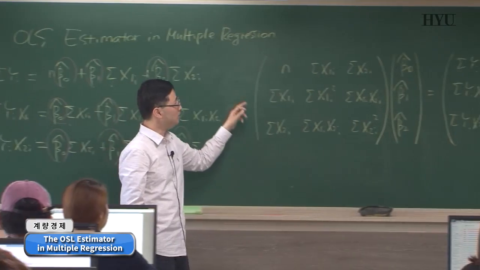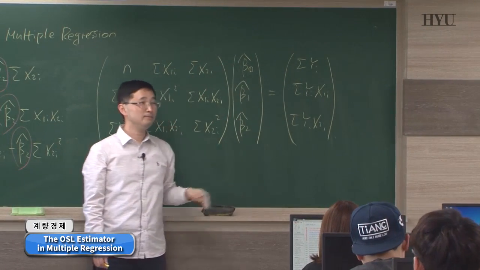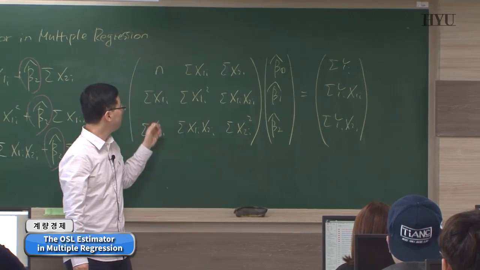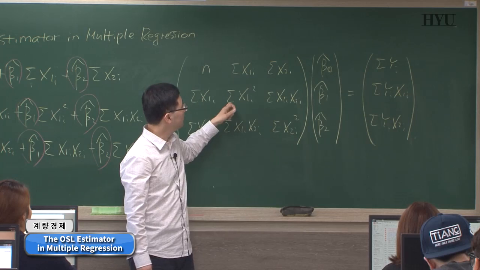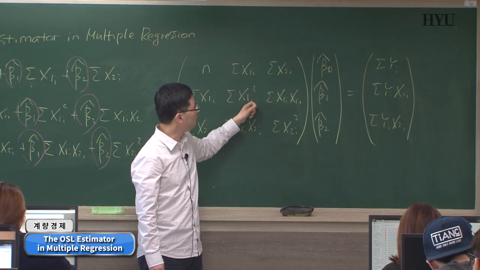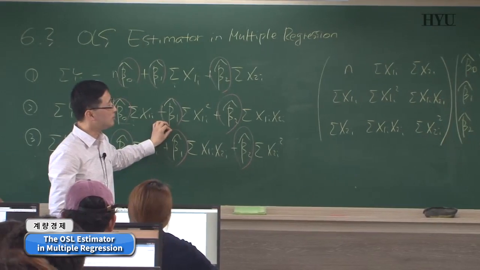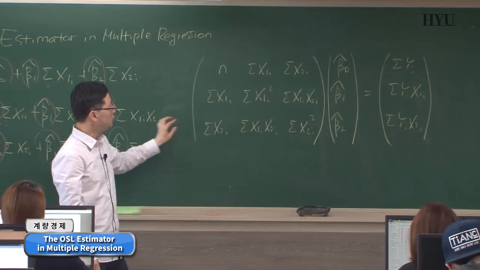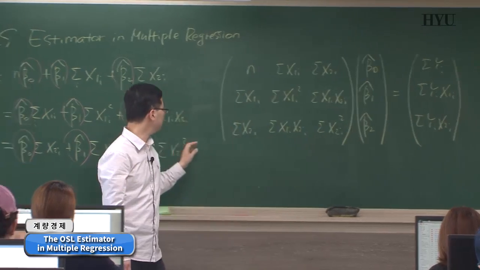Again, you take a row, this time the second row, take the column, and multiply them. Summation of x1i times beta null hat, summation of x1i squared times beta 1 hat, which is this part, and summation of x1i times x2i times beta 2 hat.